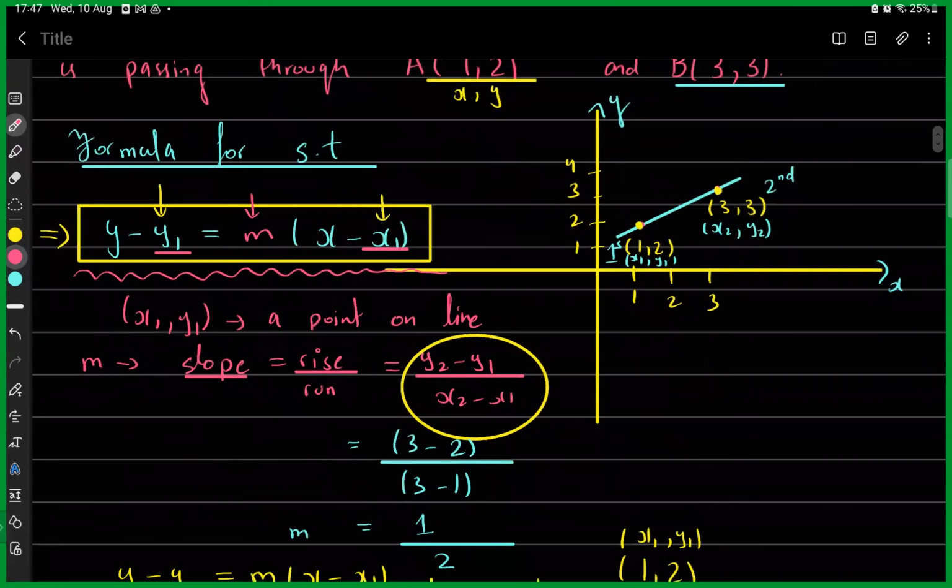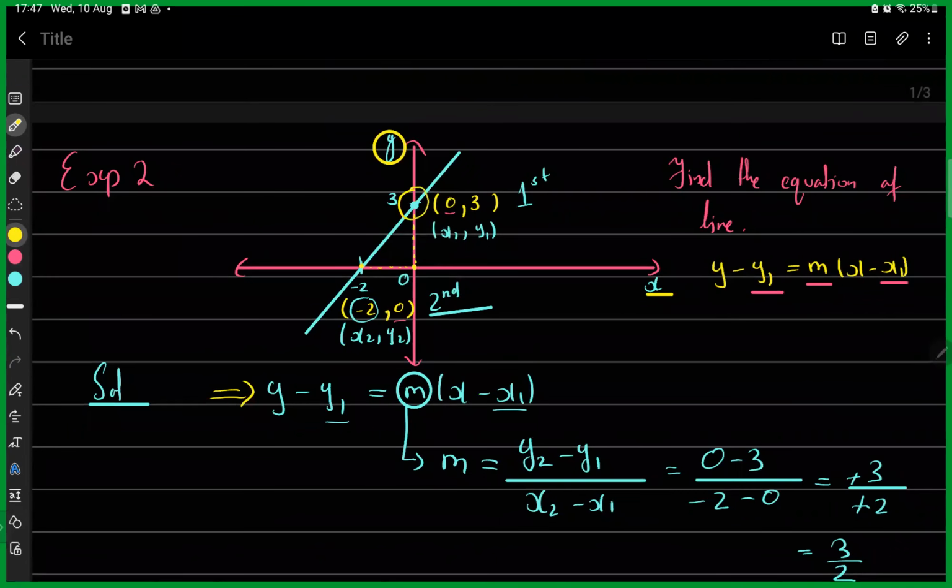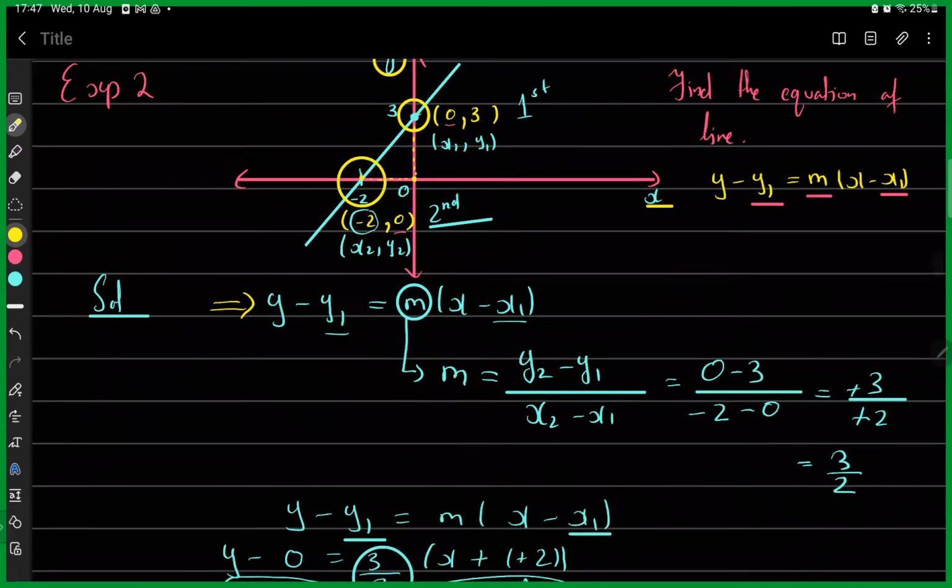This is a graph. This point right here, the point at which your line is cutting the y-axis, is basically your y-intercept. And the point at which your line is cutting the x-axis is basically your x-intercept. Okay. Again, look at this.